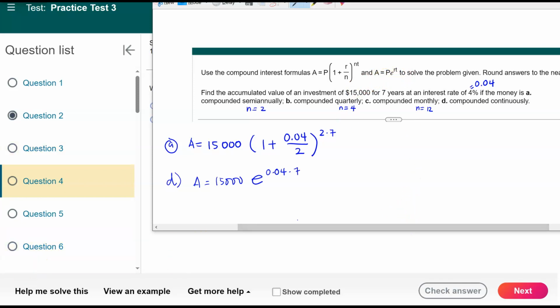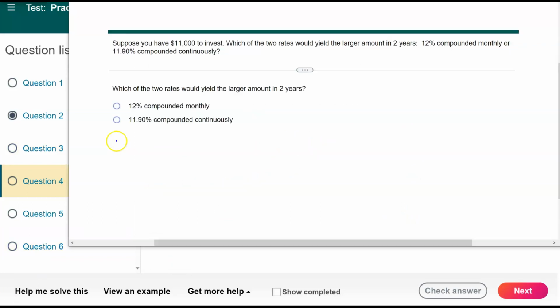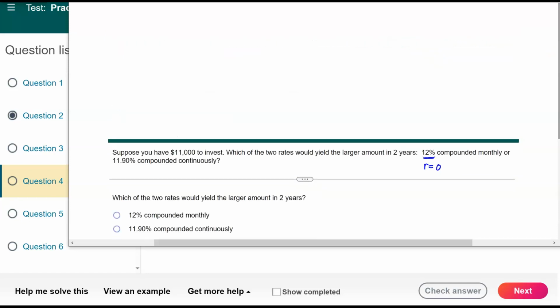So in this problem, we are going to plug into our calculator and compute for A. The principal is 11,000. And then 1 plus the rate. So the rate is 12%. In this case, write that in decimal. So the rate would be 0.12.